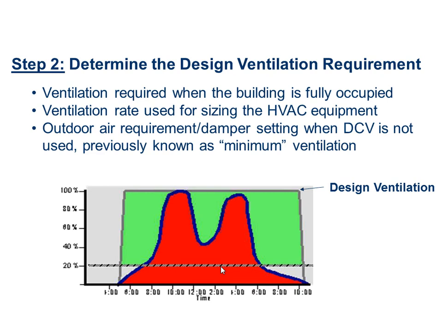When we switched the ASHRAE standards in 2004 and the mechanical code in 2006 to be a per person and per square foot idea, it was specifically with this concept in mind to be able to modulate these two things separately from each other. That is the main reason why we divided the two numbers out. Instead of giving you one lump number, we give you a per person number and a square foot number, and you add them together. That way I can modulate the per person and leave the square foot alone.